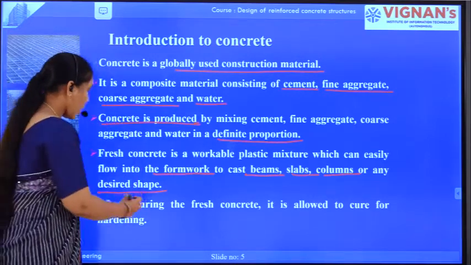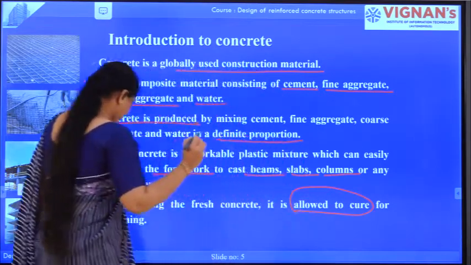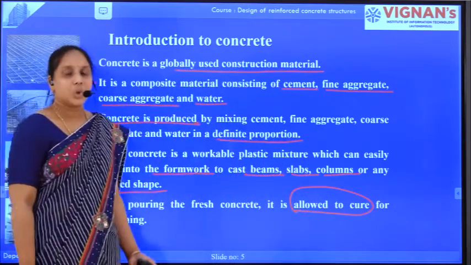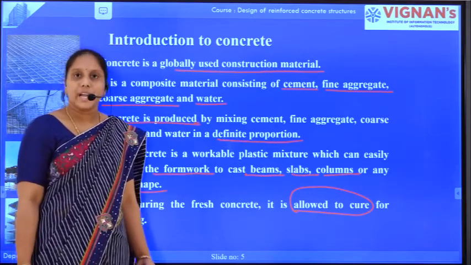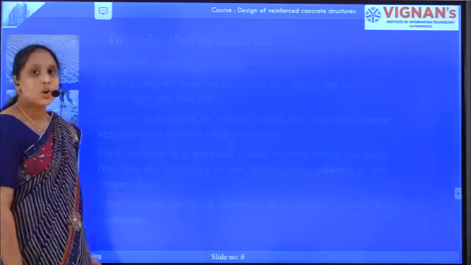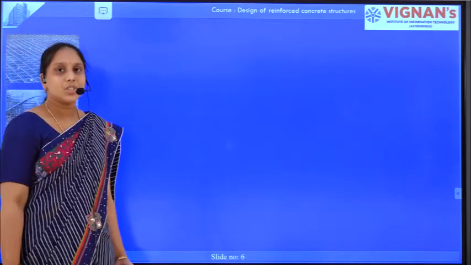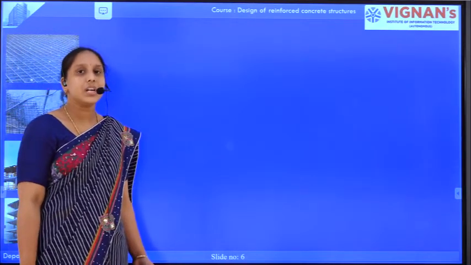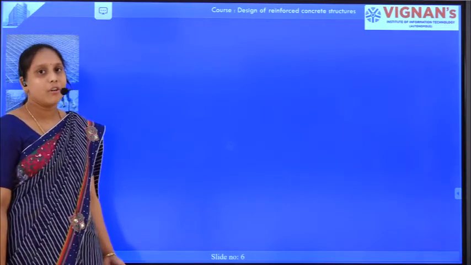After curing, it will be hard enough to resist all the external loads which are acting on it. Generally the concrete is graded based on the characteristic compressive strength. Now let us see the grade of concrete.